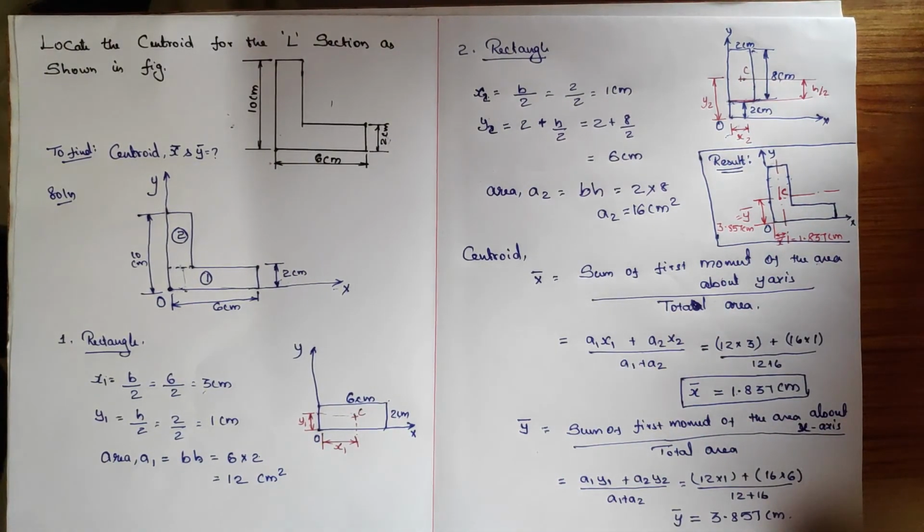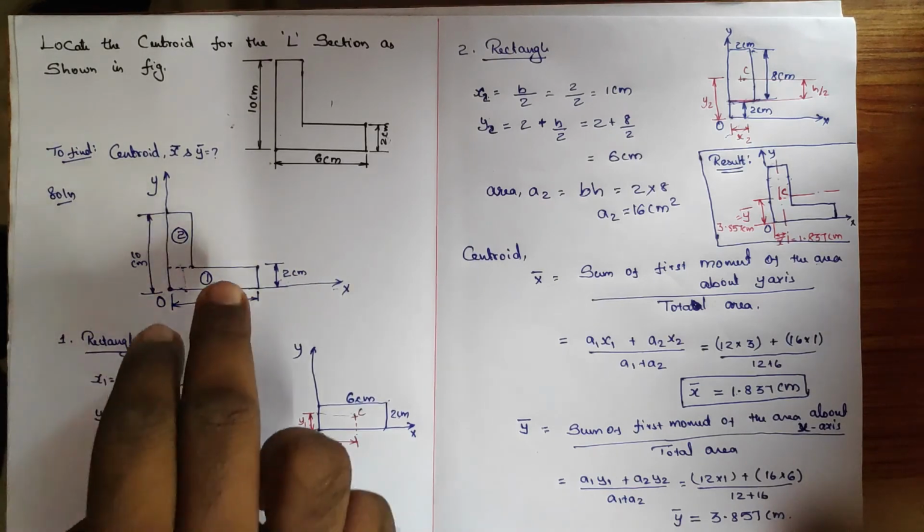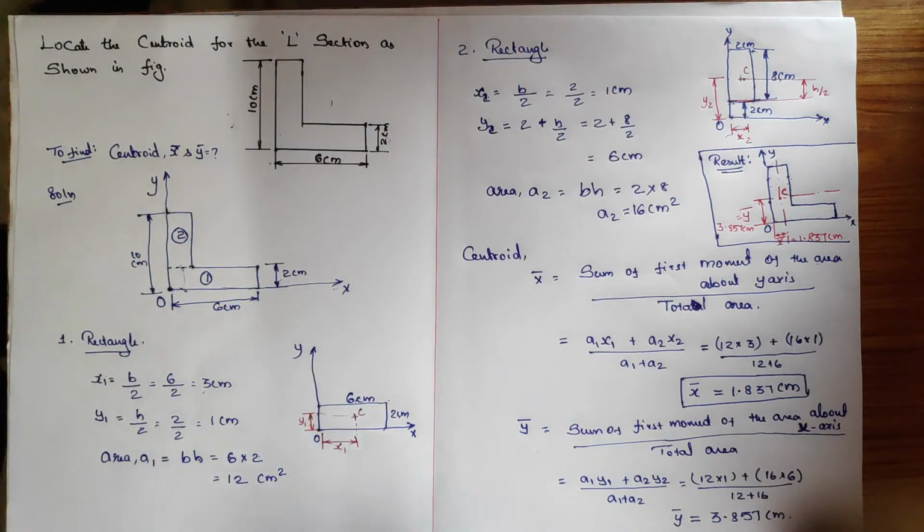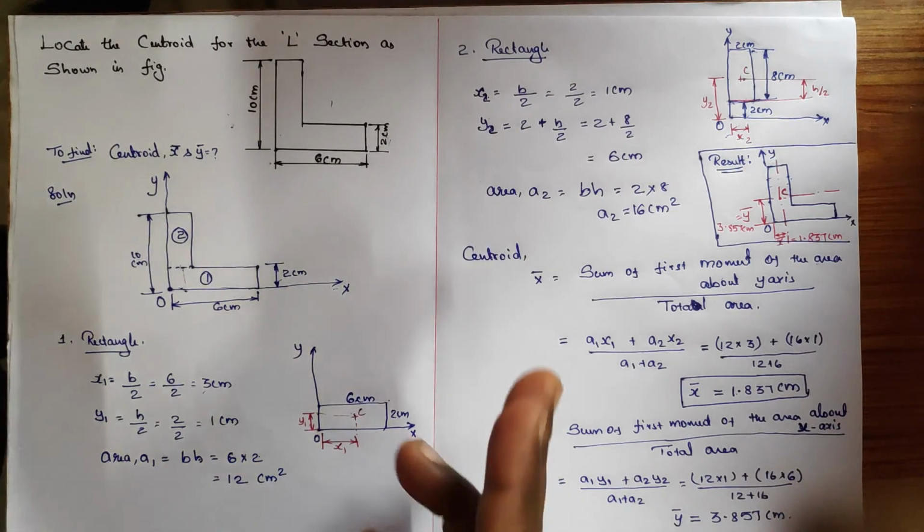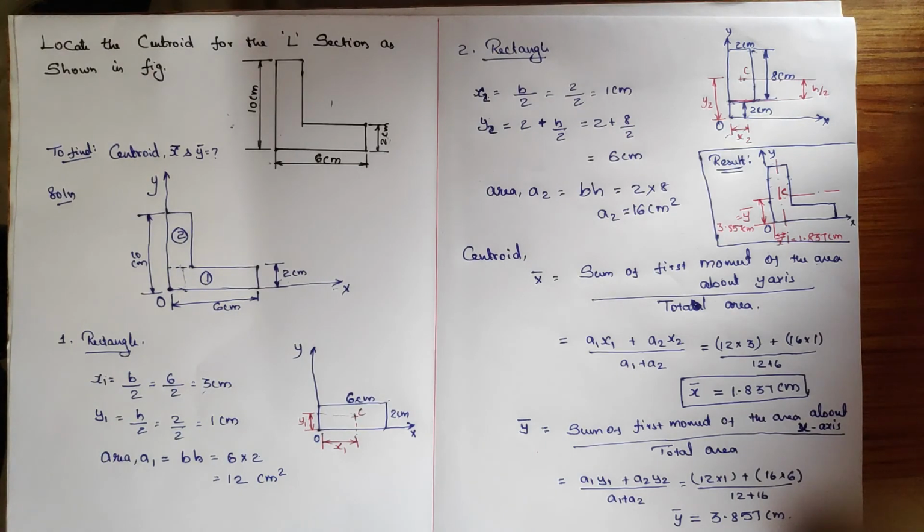I hope you understood. Whenever you have any kind of composite section, first you need to bring it into the coordinate system and divide it into simple components. Afterwards, for each component individually, specify the centroid x1, y1. After that, combine with the formula: x bar is equal to the sum of first moment of area about the y axis divided by total area, and y bar is the sum of first moment of area about the x axis divided by total area.